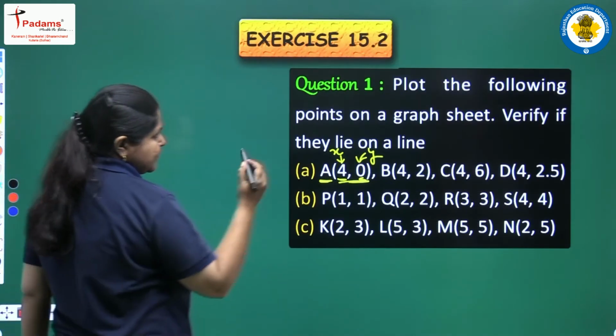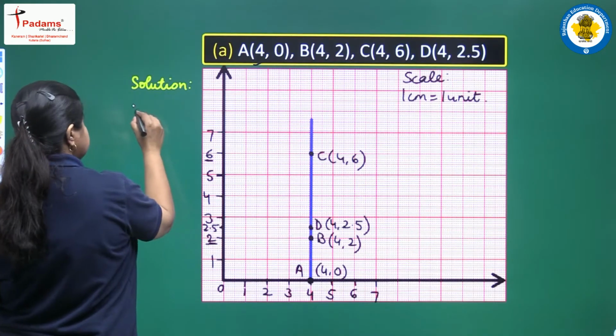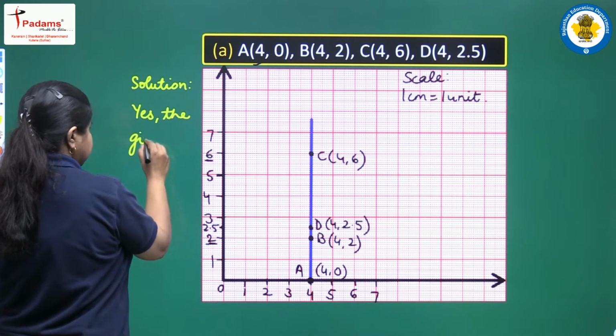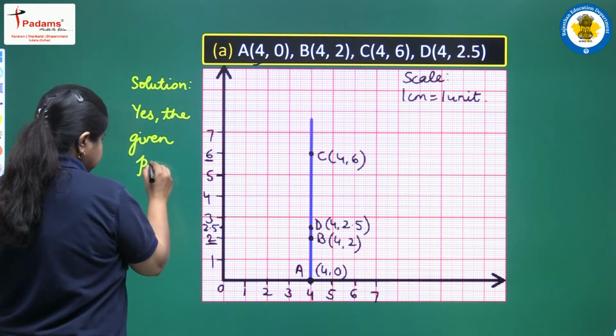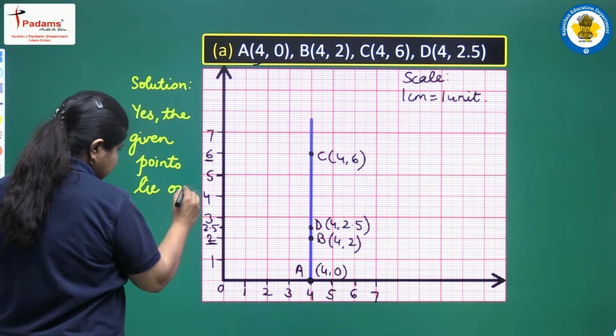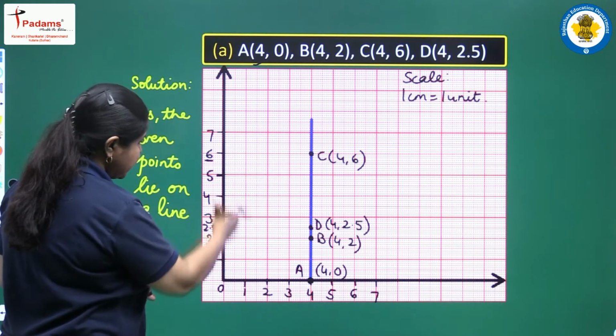What has been asked? Verify if they lie on a line, and yes, we write yes, the given points lie on a line, and again it is parallel to the y axis.